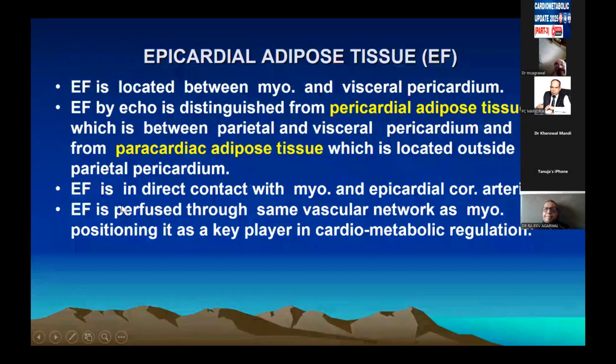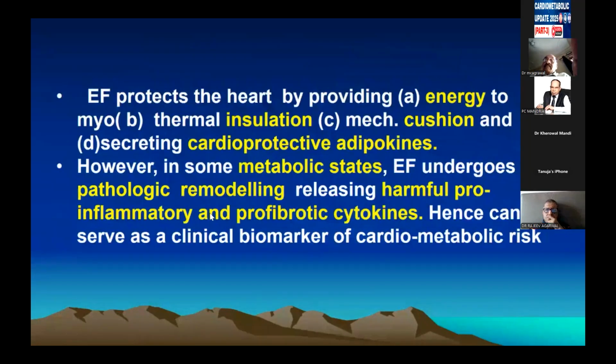Most importantly, epicardial fat is in direct contact with myocardium and epicardial coronary arteries and is perfused through the same vascular network as myocardium, positioning it as a key player in cardiometabolic regulation. Epicardial fat protects the heart by providing energy to the myocardium, thermal insulation, mechanical cushioning, and also secreting cardioprotective adipokines.